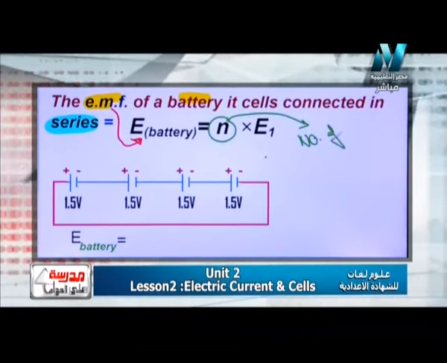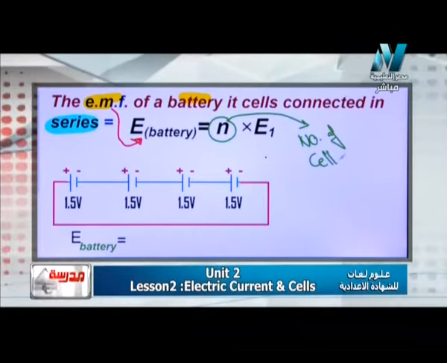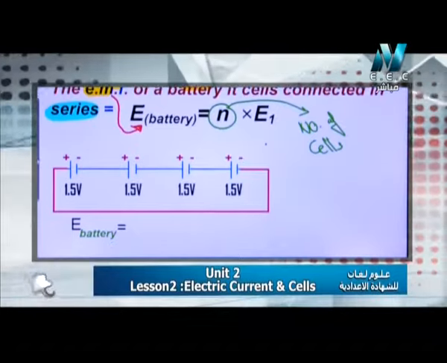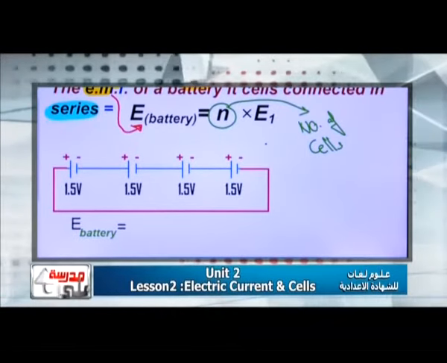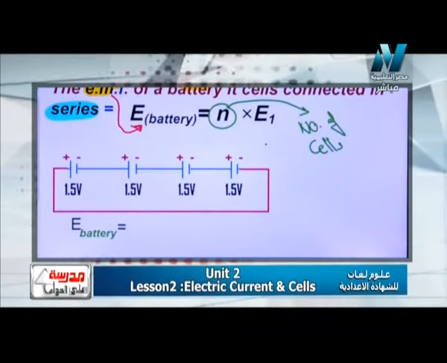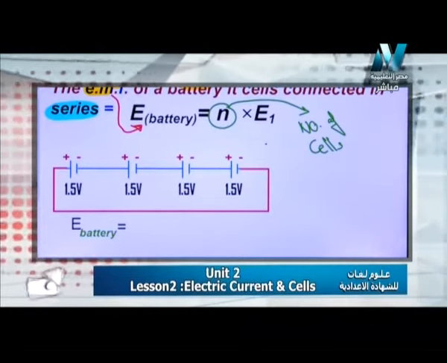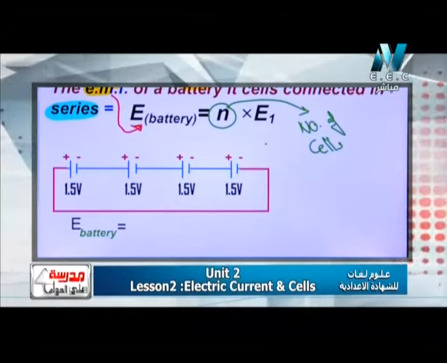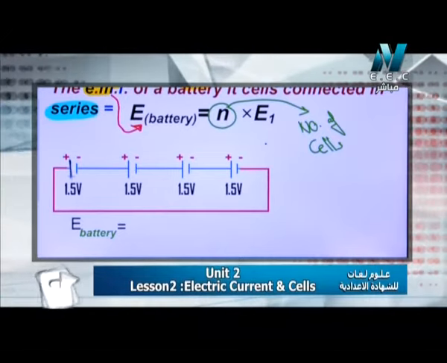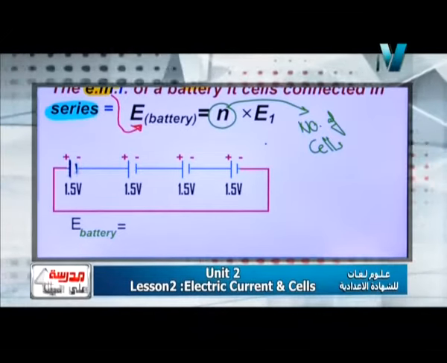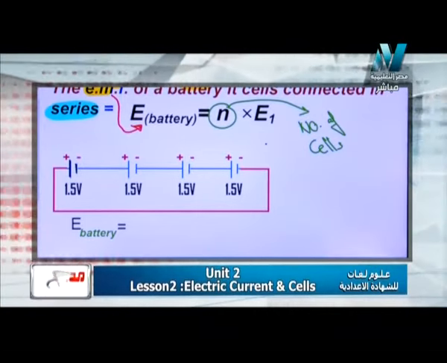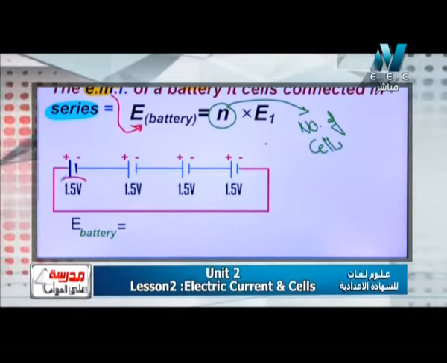We have an example here. In these cells, we know the long line is positive and the short line is negative. As you see here, positive, negative, and so on. Each one has an electromotive force equal to 1.5 volts.